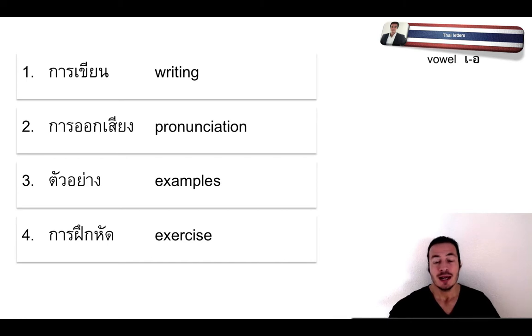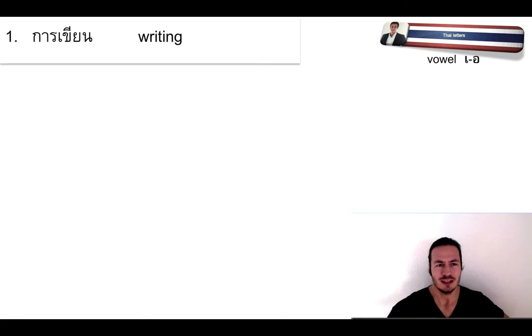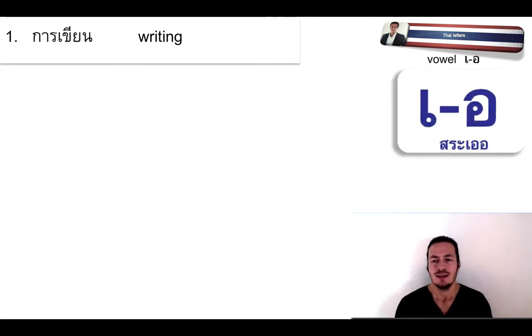Alright, that being said, make sure you're familiar with the vowels introduction video to know how this is presented here, and then keep on watching this video, starting with how to write the vowel. Now first, let's have a look at the top right corner of the screen, where you can see the vowel in its standard writing form, and it consists of two characters.